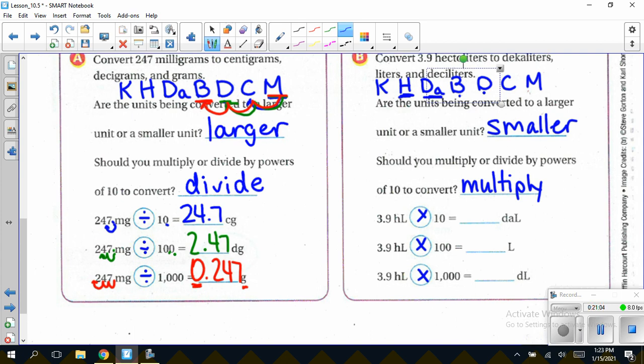So I see that to go from hectoliters to deciliters, it is one swoop to the right. So that is why we are multiplying by 10. That is our increasing power of 10. And from our decimal, I'm now going to swoop one place value to the right. So when I do that, I have the answer of 39 deciliters.